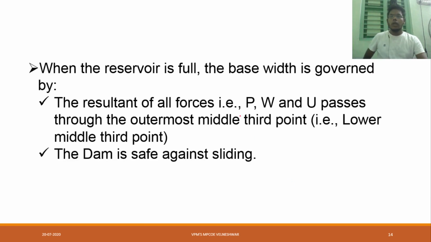Now when the reservoir is full, the base width is governed by, as before, when there was no water. Now if water is there, how we have to consider the resultant of all forces P, W, U. Here P is pressure, W is weight, U is uplift pressure, and the resultant passes through the outermost middle third point.